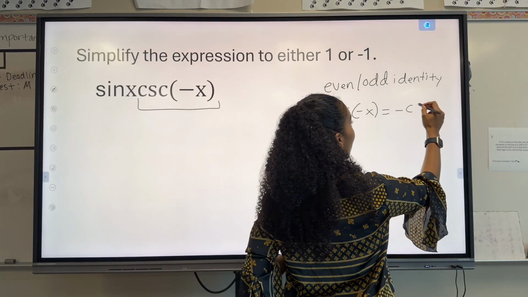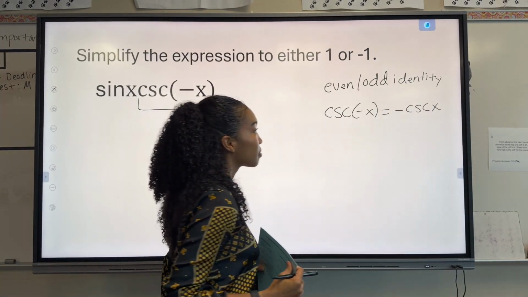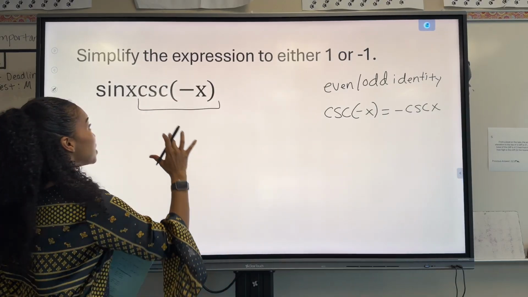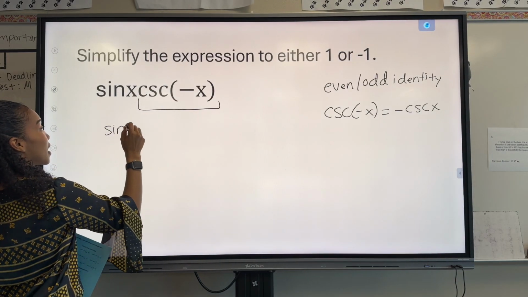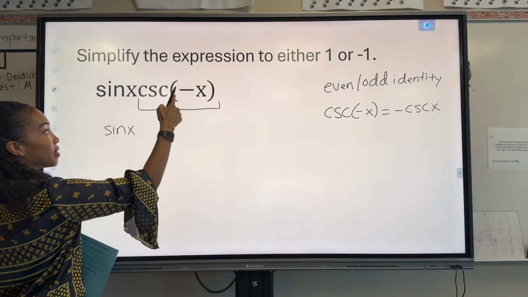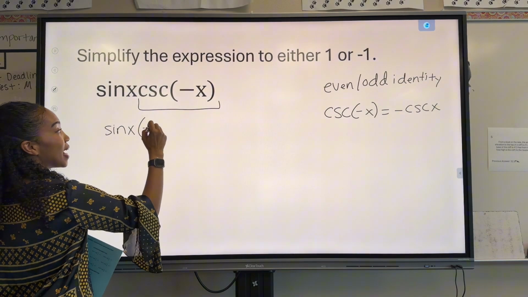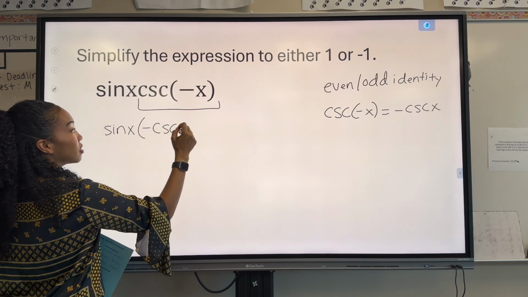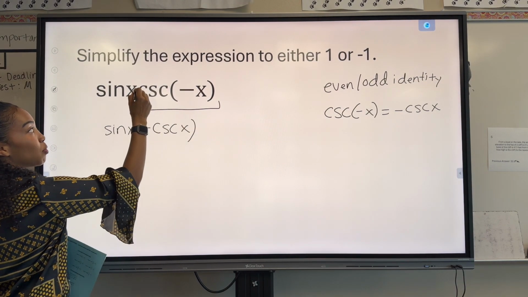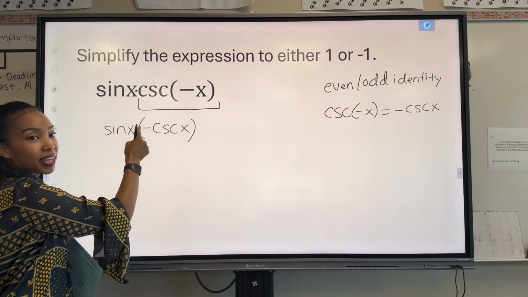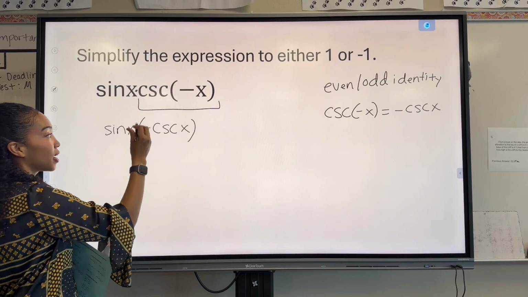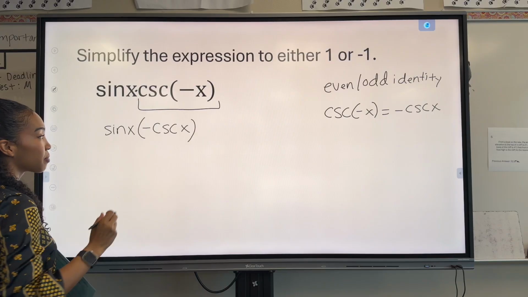Yep, negative cosecant x. So that means I can rewrite this as the sine can stay the same, but this can be written as a negative cosecant. And guys, these are still being multiplied. Just because there's a negative right here, it's not being subtracted. Okay, they're still being multiplied together.